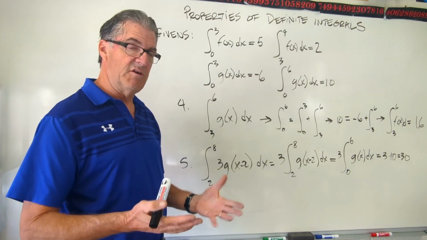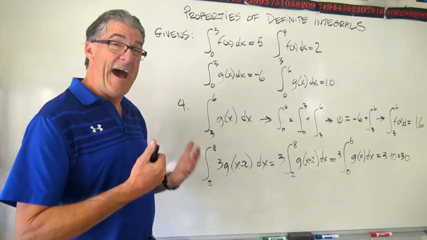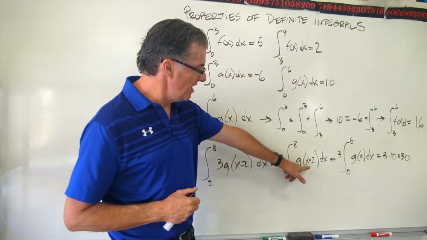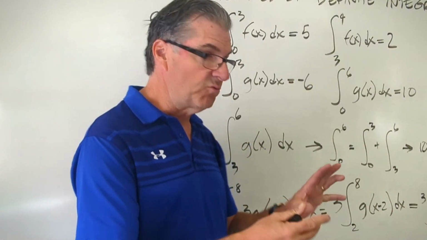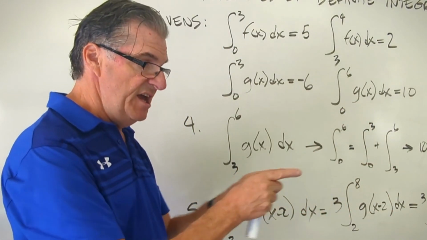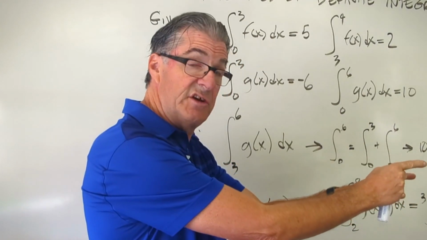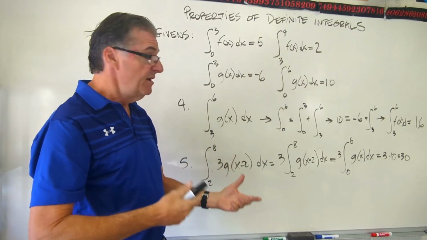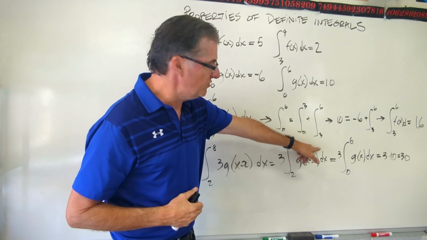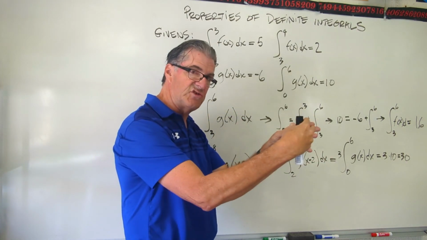So this is a big critical thinking step. If I have a function and I have an x minus 2 in parentheses, what that means is whatever the graph of that function is, it's going to be shifted 2 units to the right. If you have a parabola and you're looking at x minus 2 squared, it takes a parabola and shifts it 2 to the right.